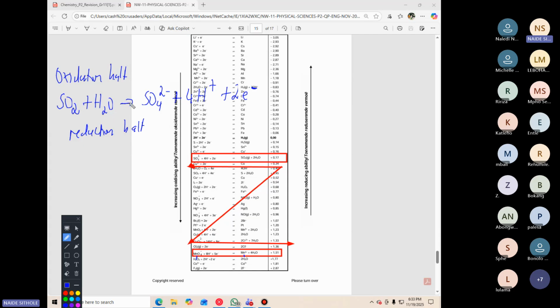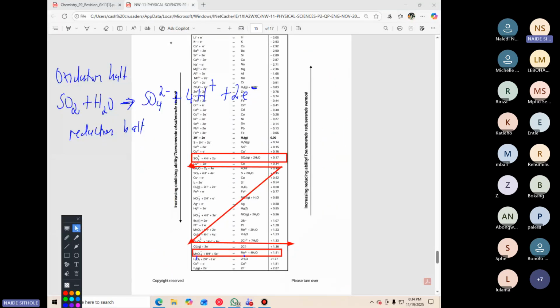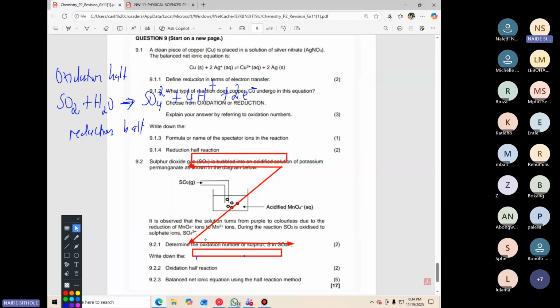So when you identify on the 4B table, make sure what you identify is what they are talking about there. If we go back again, we can see that they talked about SO2 oxidizing to SO4 2 minus.